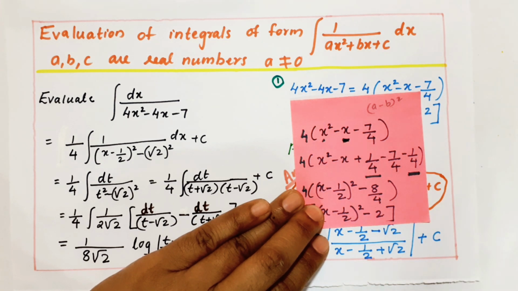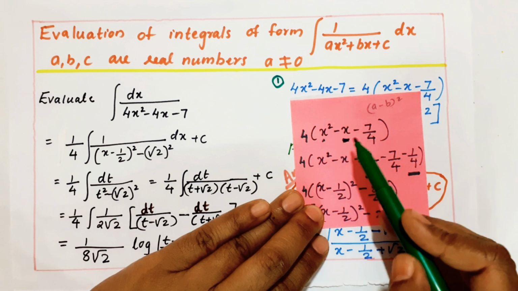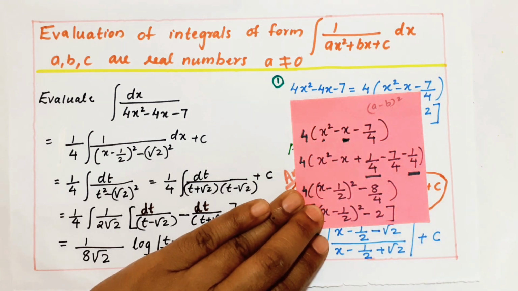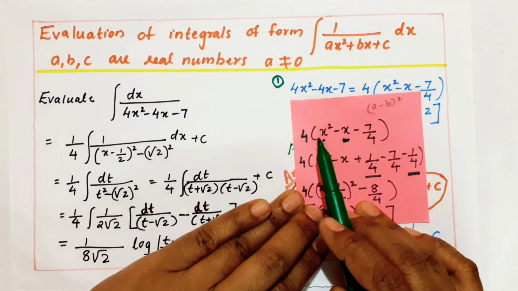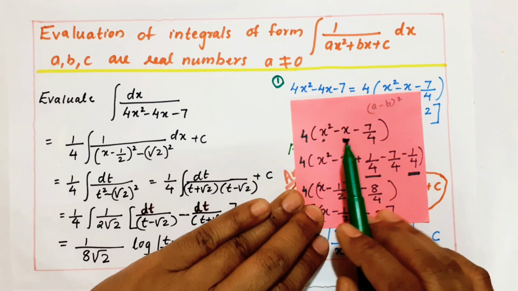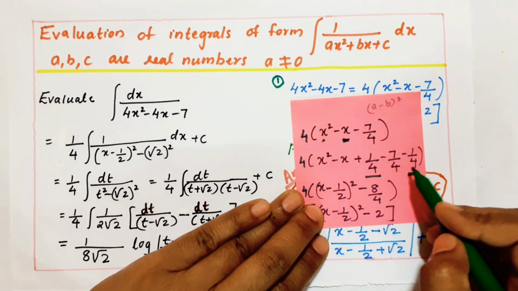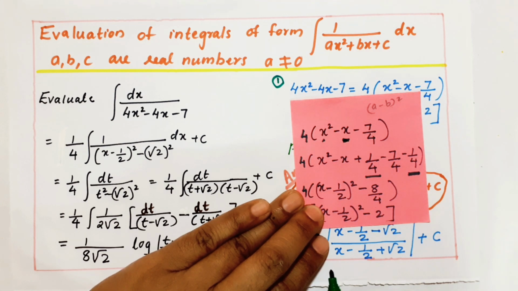Which term do we need to add and which term should we subtract? Seeing that this coefficient is 1 and this is also 1, I got the idea it should be 1 by 2, because in 2ab, 2 into a is 1. B we don't know, but to get the answer x, the b term should definitely be 1 by 2. 1 by 2 square is 1 by 4. So I am adding and subtracting 1 by 4.